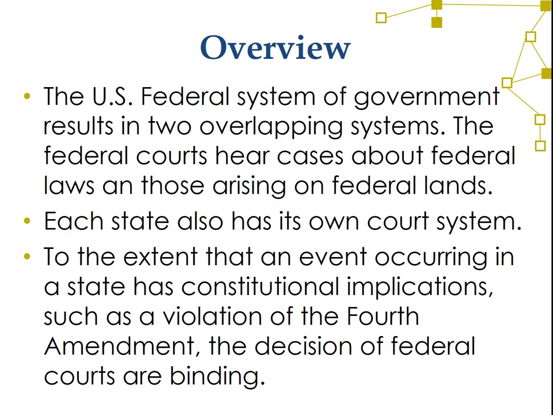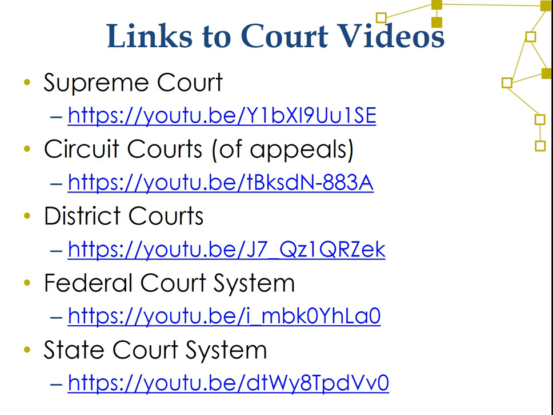Again, to the extent that an event occurring in a state has constitutional implications, such as a violation of the Fourth Amendment, the decision of federal courts could and will be binding. So what does that mean, and how does that fit into what we're talking about?